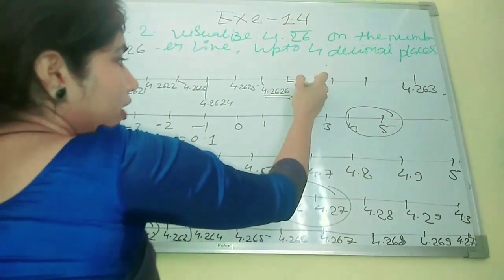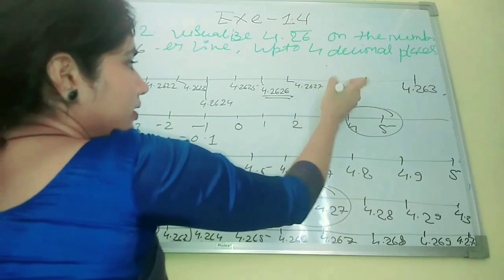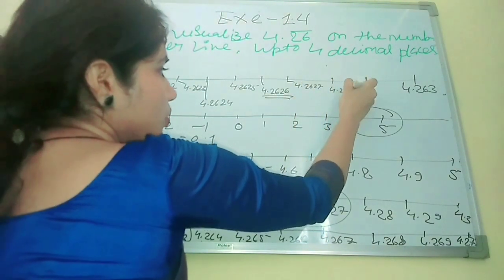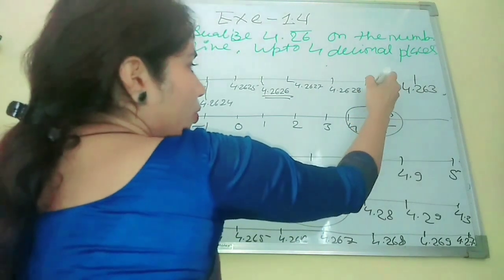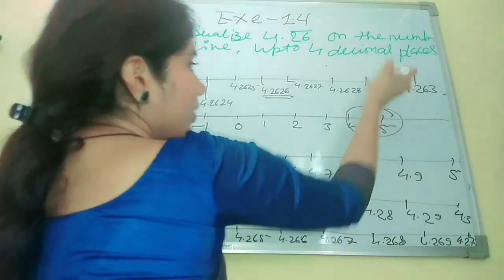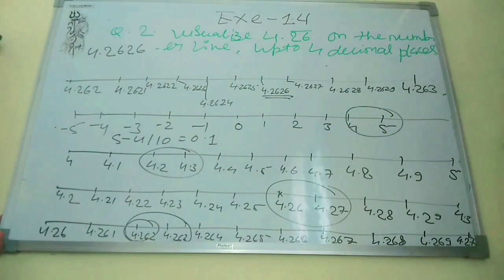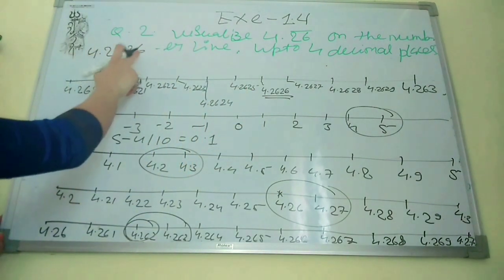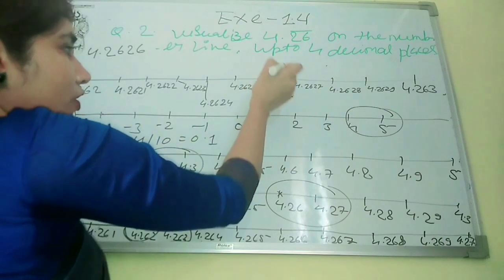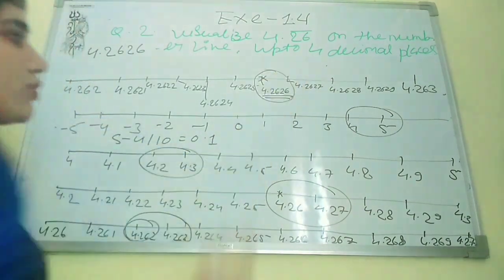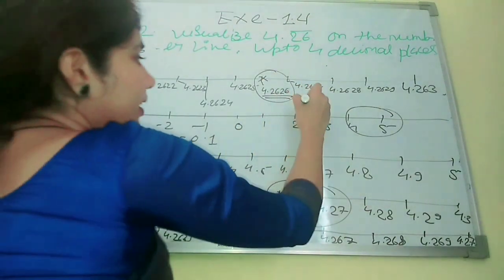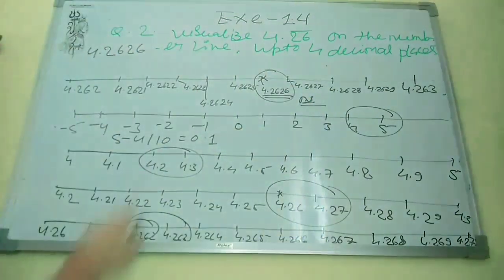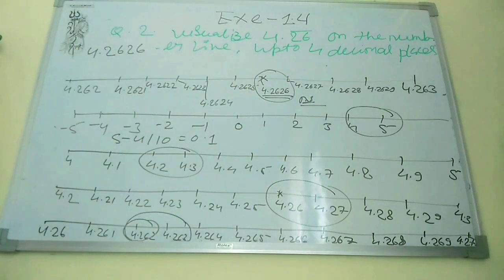This will be 4.2627, 4.2628, 4.2629. Right? So where we have to mark 4.2626, this is the position of 4.2626 on the number line. This will be the answer. Final expression.